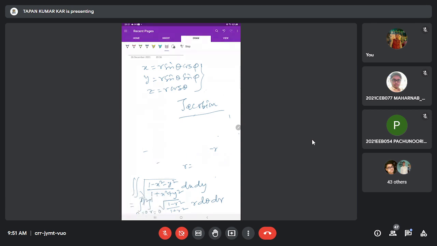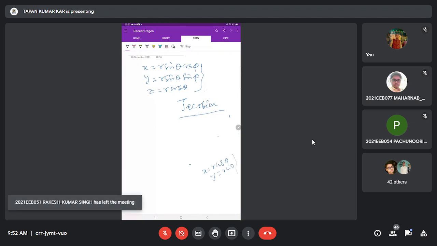Do you know this coordinate system? Anybody? You know that x equal to r cos theta, y equal to r sin theta. That is the circular system in a plane, the two-dimensional case. But here we have considered the three-dimensional case, with x, y, z. This is actually the spherical coordinate system.